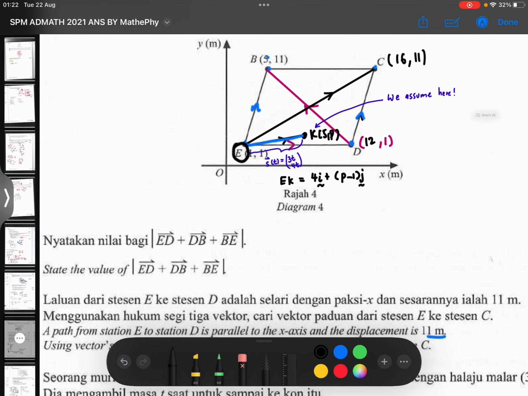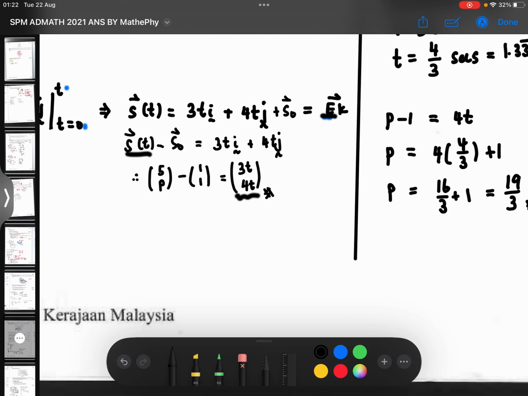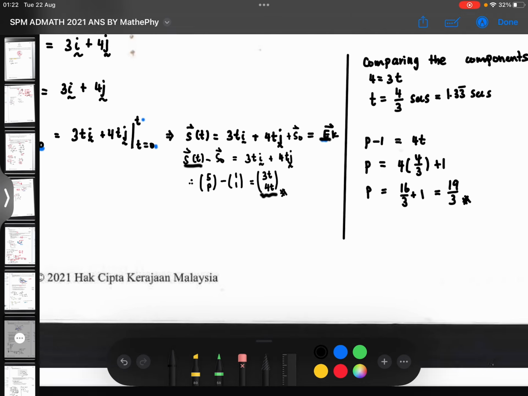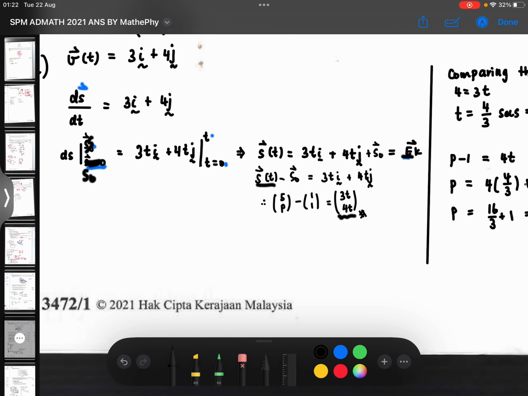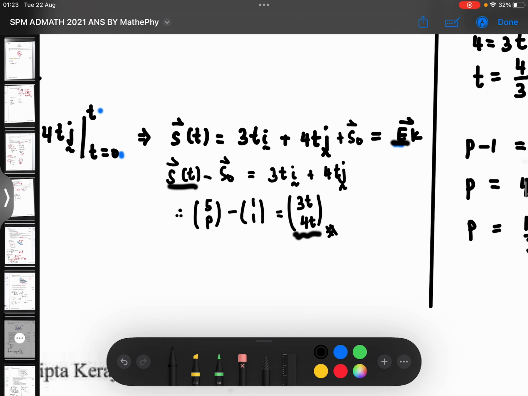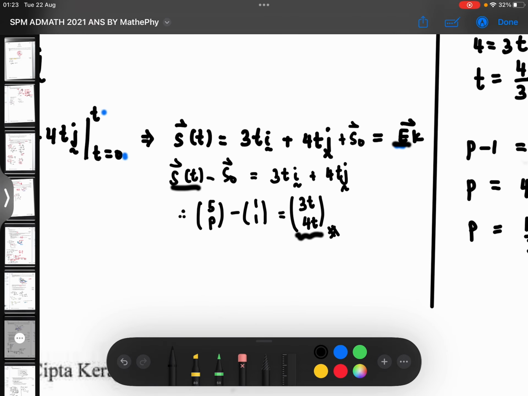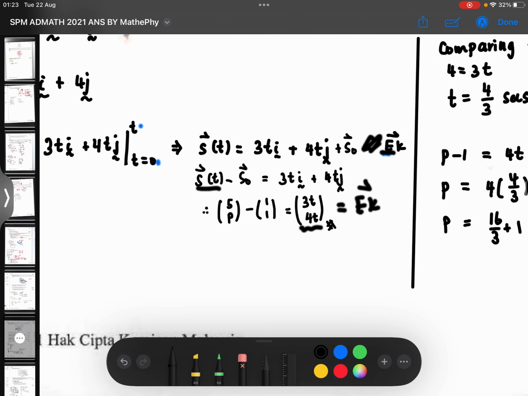And then this is actually the displacement, the displacement vector which we differentiate just now. Sorry, we integrate just now. So this is the result basically for the vector EK. Okay, so this is wrong.